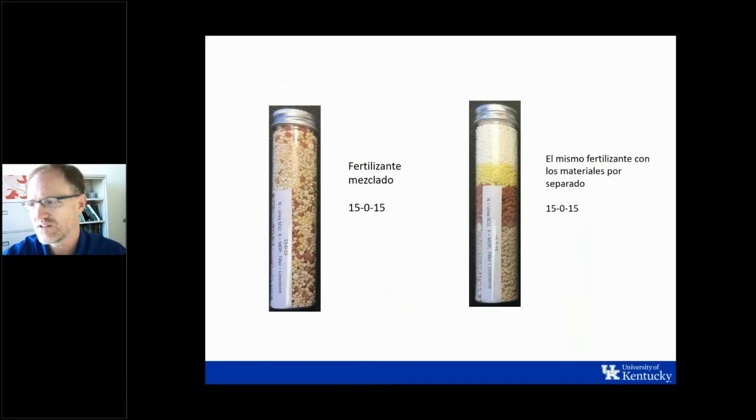So this is an example of what filler is. On the left, we see a blended fertilizer, 15-0-15, and it looks like whatever normal blended fertilizer you'd find. And this on the right is the exact same fertilizer that has been separated. Basically, I blended this by hand, and then I left it separated out, and then I blended this and mixed it all up. So when you're looking at fertilizer, it may look like a normal fertilizer, but when the actual components are separated out, you see the difference in filler.